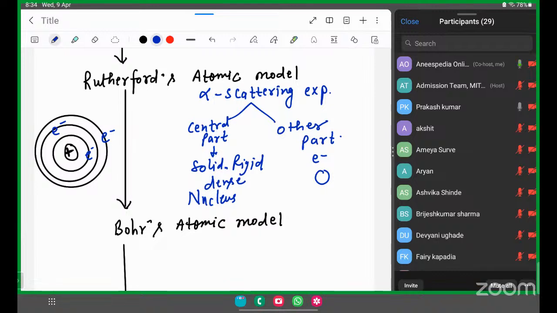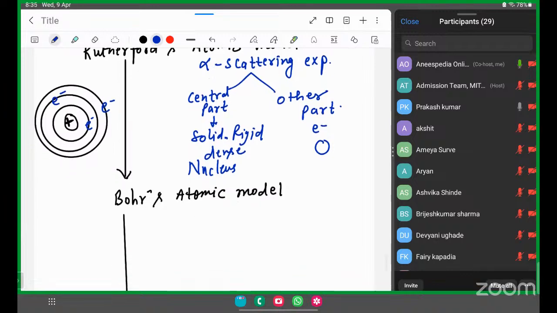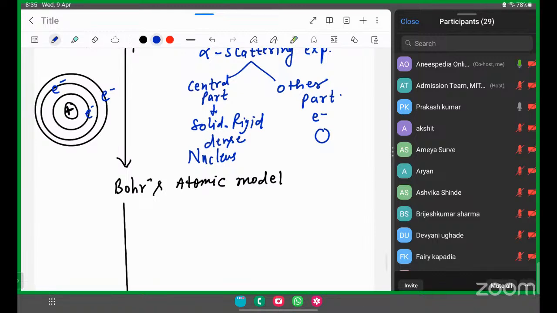Now, what are the drawbacks of Rutherford's atomic model? The main drawback is that it cannot explain the stability of atom. According to this model, electrons revolve in circular orbit, and electromagnetic theory states that if any charge is continuously accelerated, it will radiate its energy.